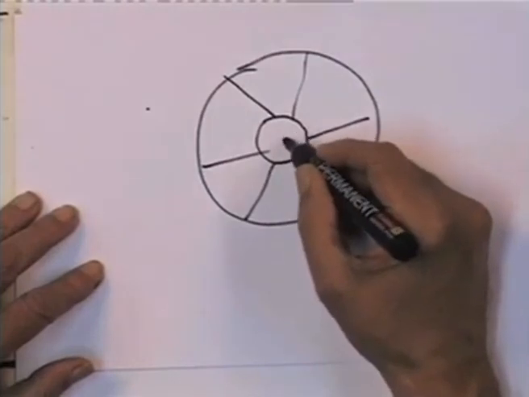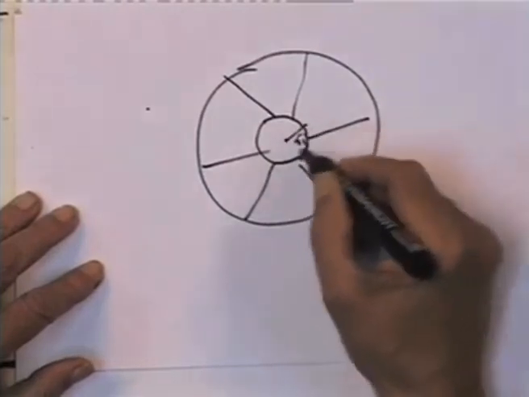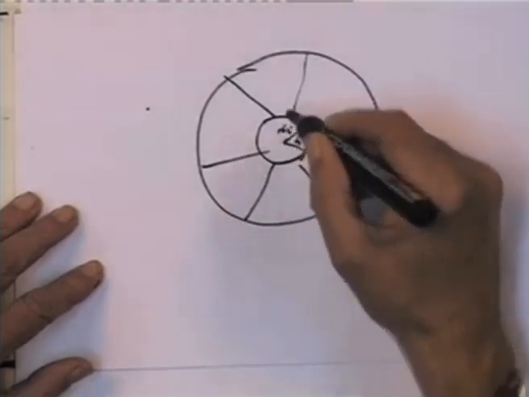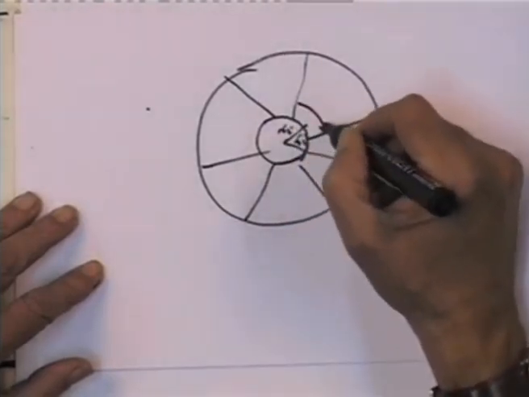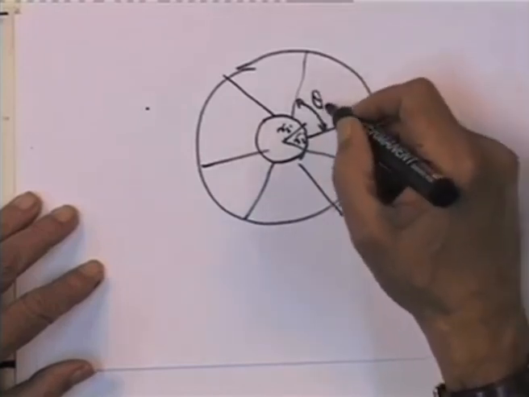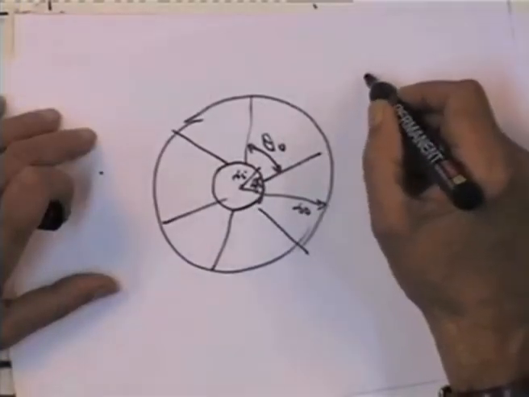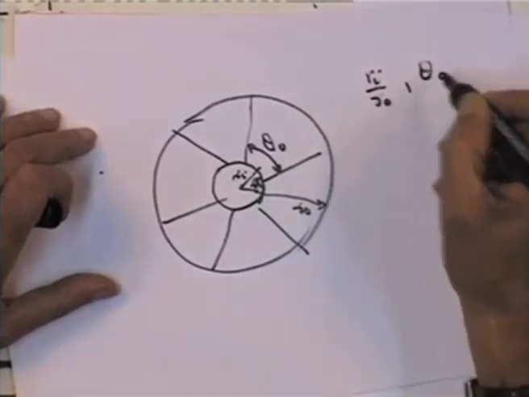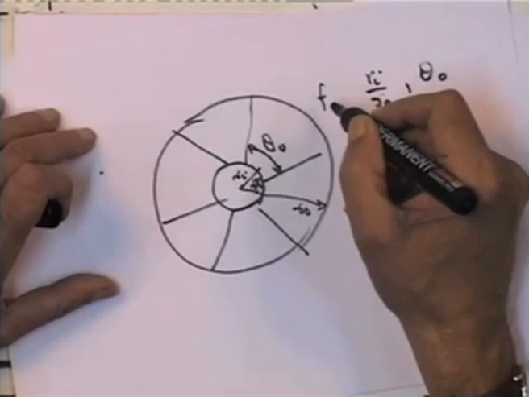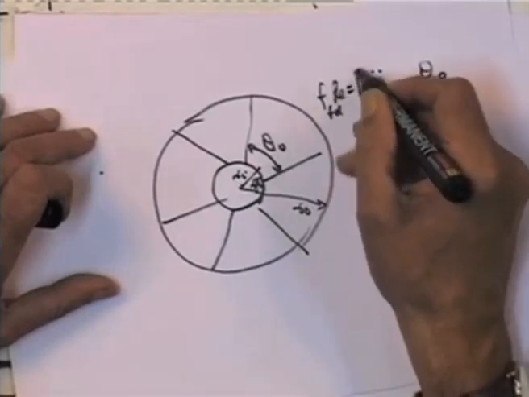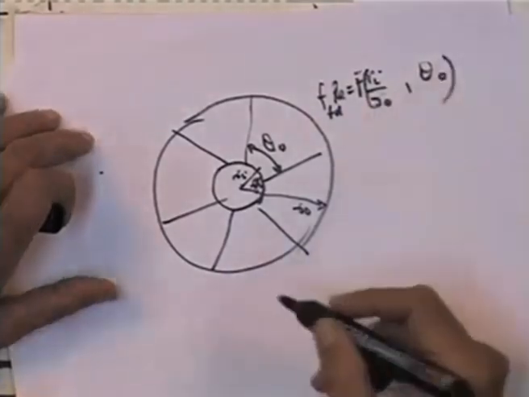This is the inside radius r_I, and this is the outside radius r_O, and this is the included angle, which I have called here theta naught. So, we have two parameters here, r_I by r_O and theta naught. We expect friction factor f_d times Reynolds number to be a function of both these parameters.